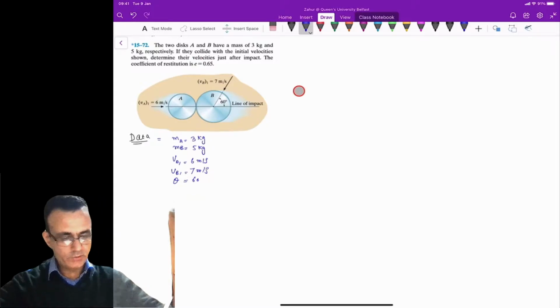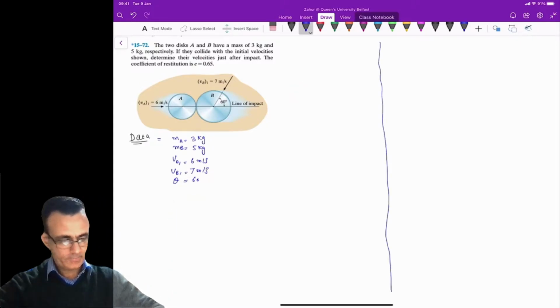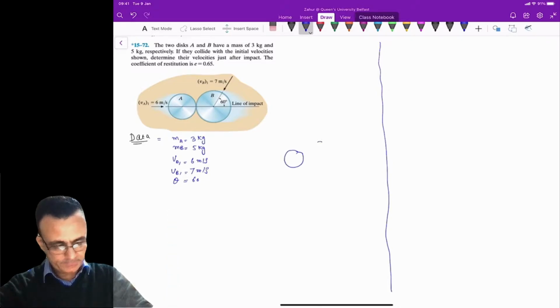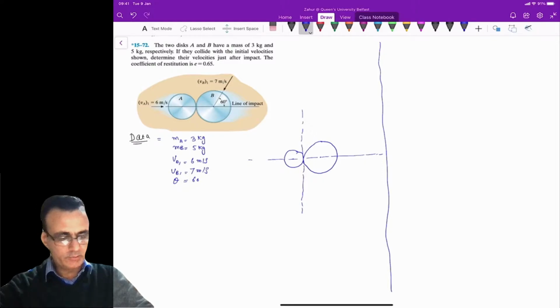So if you draw these two particles here, these are their centers of gravity. If you just draw this line, this is our line of impact, and this is the plane of impact here. We will call this our n direction, and we will call this our t direction.